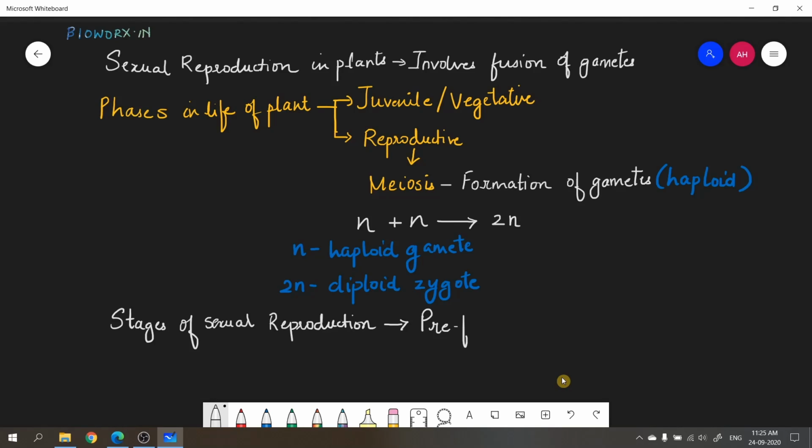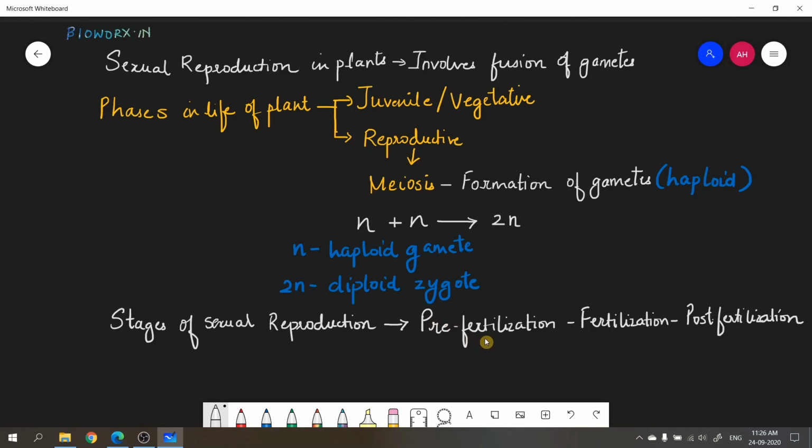So the 3 stages of sexual reproduction in plants are pre-fertilization, followed by fertilization, which is followed by post-fertilization. Now over here, the term pre means before.